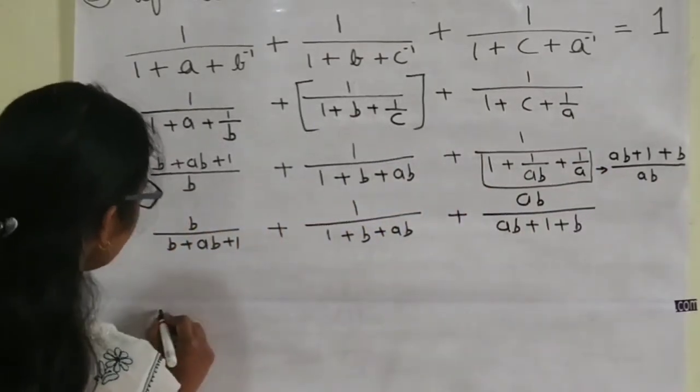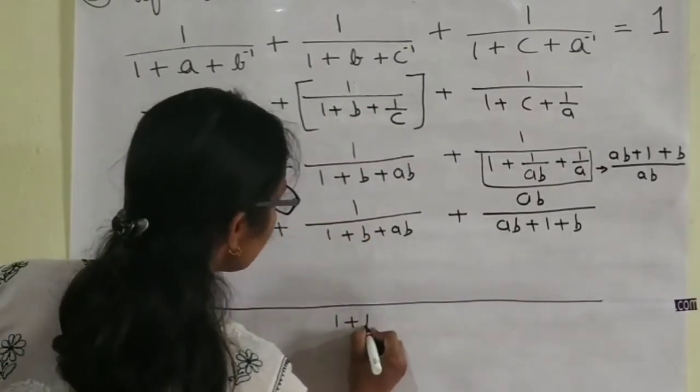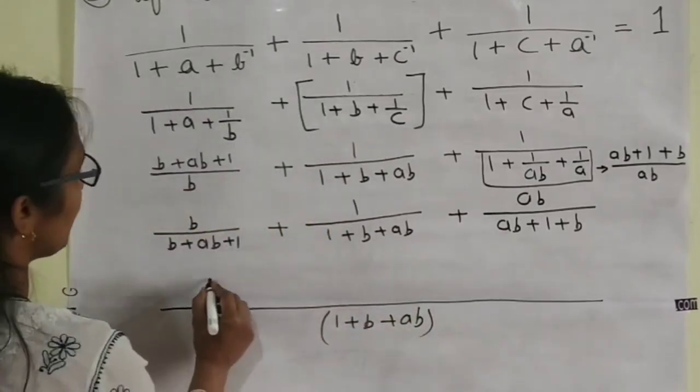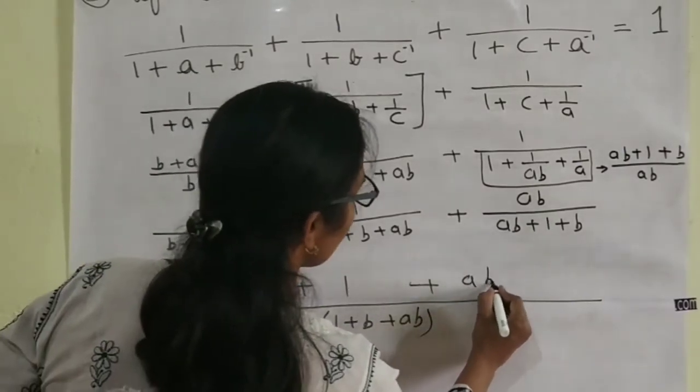Now, 1 plus B plus AB. So, B plus 1 plus AB.